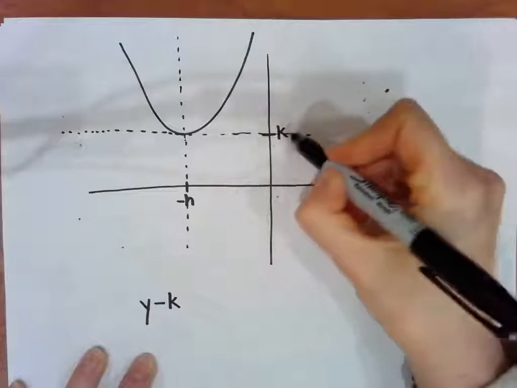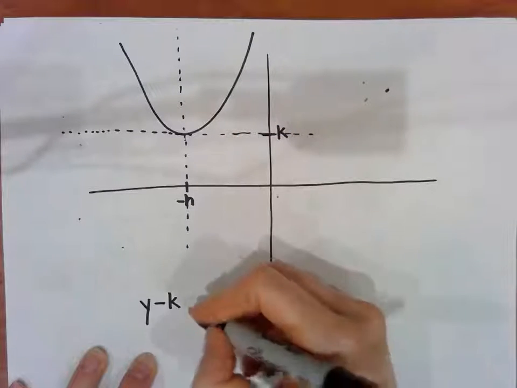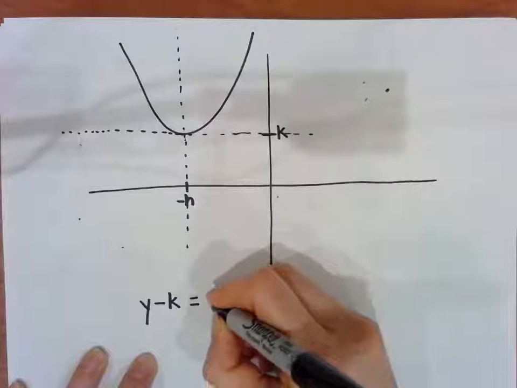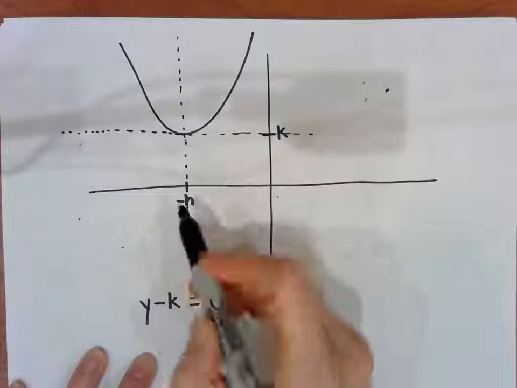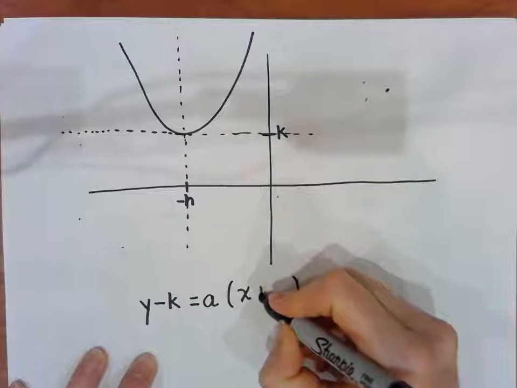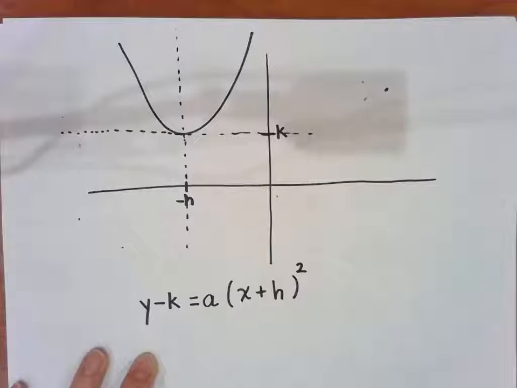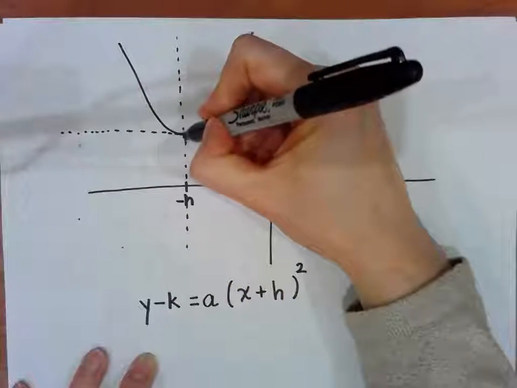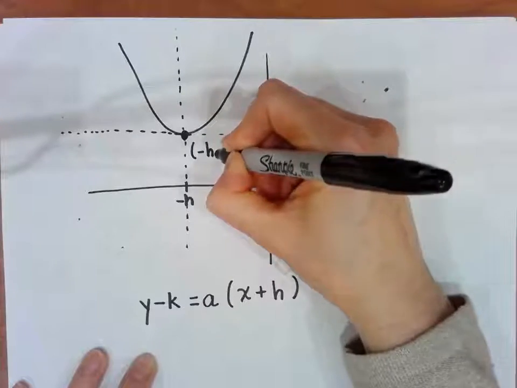So you subtract the translation in the y direction, and that will be, again, some number a times, and now we have to take into account the x translation, so that will be x minus h or plus h, and you square that. So for this particular translated parabola, it would look like that. In this particular instance, the vertex is at -h, k.